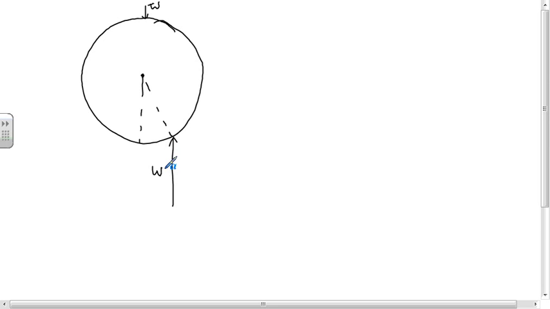We know the directions of those two: the normal has to be this way, and the friction has to be tangent to that surface. These are perpendicular. This component is the coefficient times the normal.